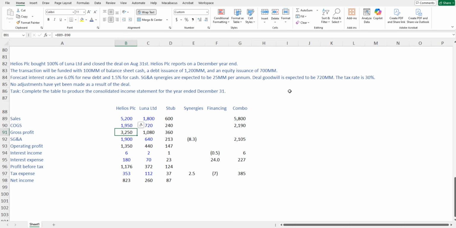So the gross profit, and then the interest income, operating profit, profit before tax, and then the final net income. And this is your consolidated income statement when the deal is closing during the year. I hope this helps, and I'll see you in the next video.